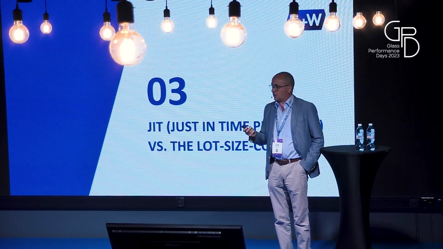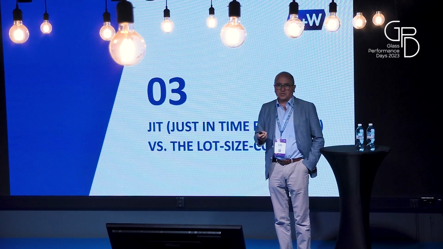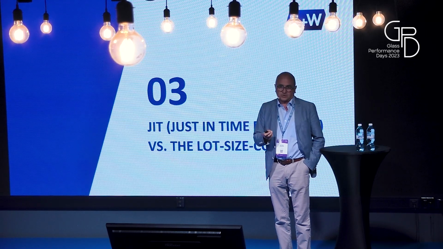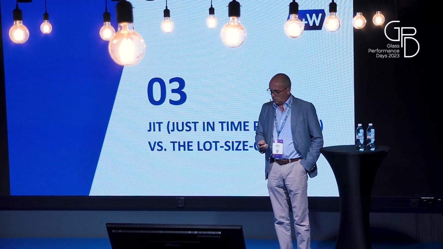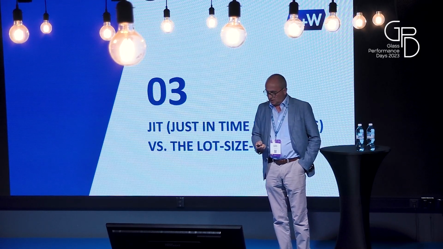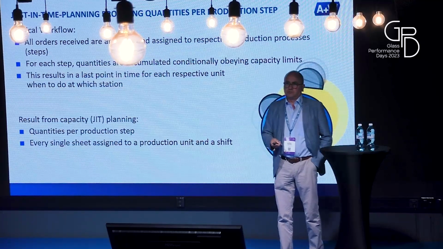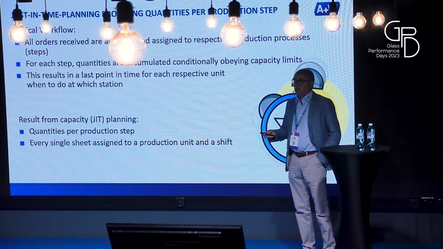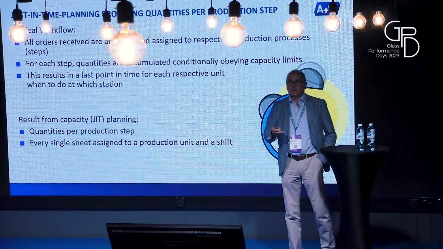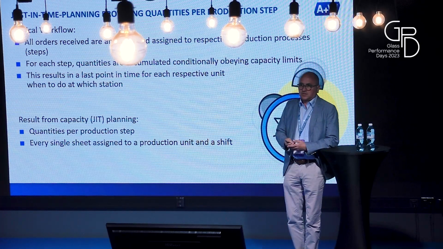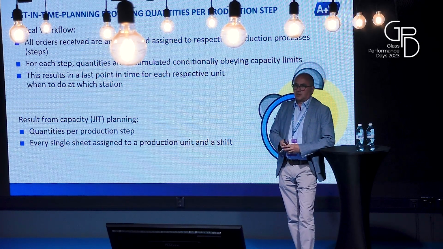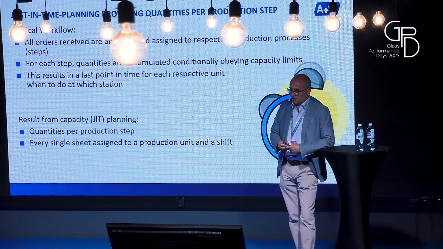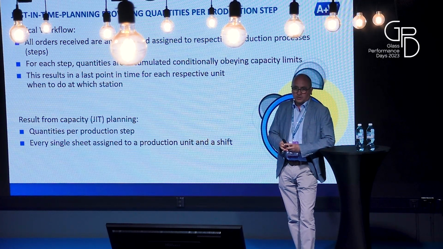Today's state-of-the-art knowledge is using just-in-time principles. I think you all know more or less what it means. So the typical workflow today would be you're receiving your orders in your order processing system, which is state-of-the-art. These orders are analyzed, and we are talking about, for those not being every day in a flat glass processing company, a variant production where every single piece is different.